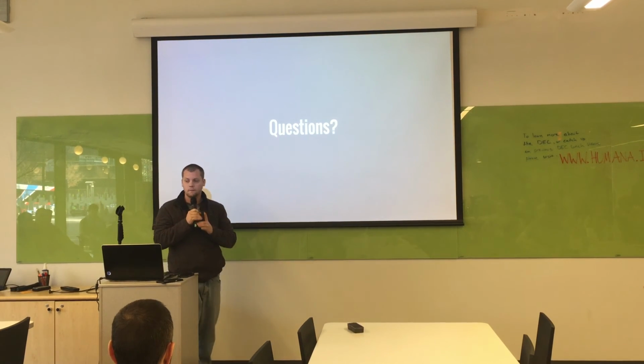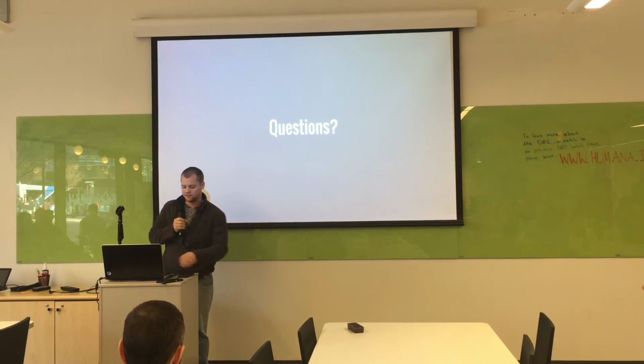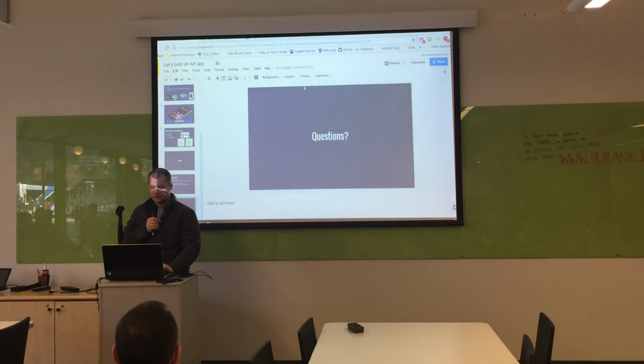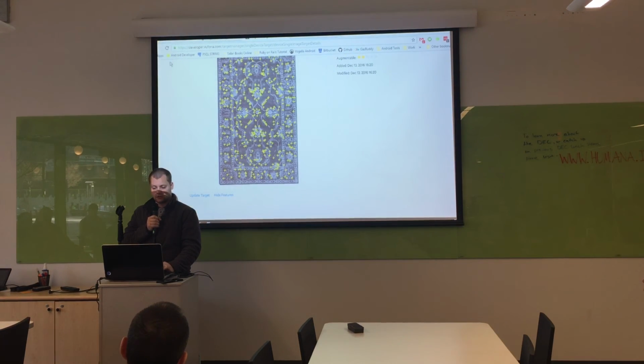Yes. This is kind of what you were saying, but is there a way with Vuforia to track objects, not just a picture, but maybe give it a shape, like for a chair or a clock, something like that? So the question was, is there a way to get Vuforia to recognize other shapes? So I did not show this, and shame on me.